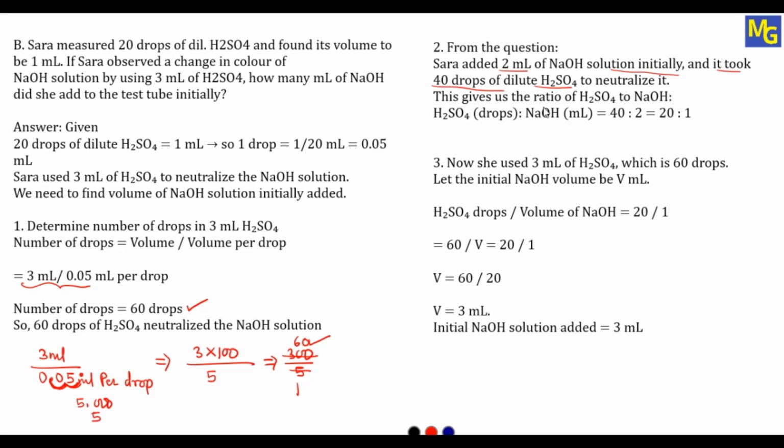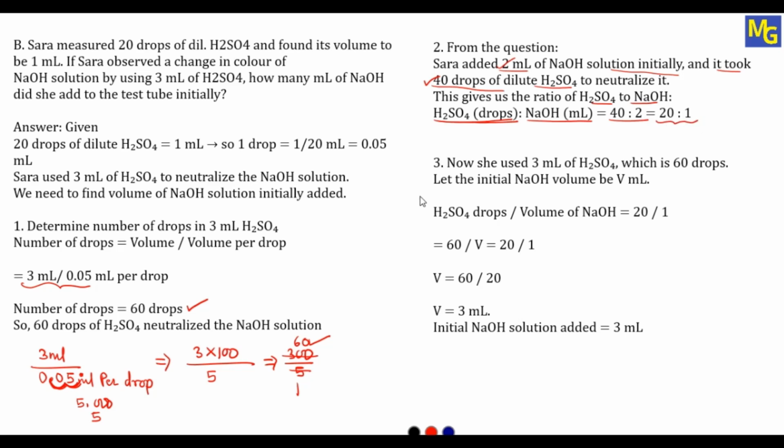This gives us a ratio of H2SO4 to NaOH. So what we can do? We can do like this. H2SO4 drops is to NaOH ml. So what is the ratio? H2SO4 drops how many? 40. And ml how much we took? 2. So 40 is to 2. 40 drops for 2 ml. Then 20 drops for 1 ml we can write. So therefore it can be 20 is to 1.